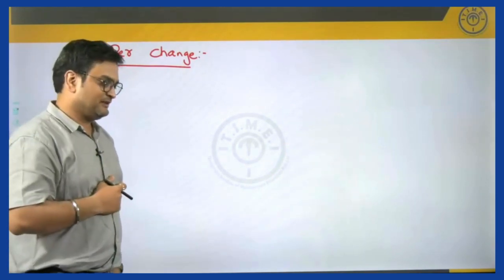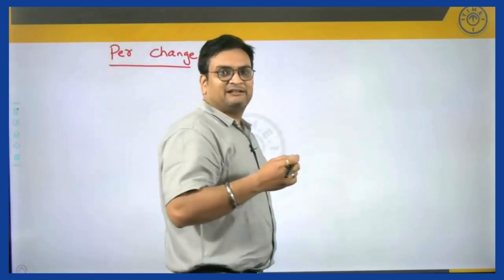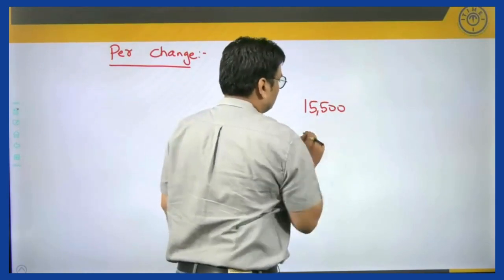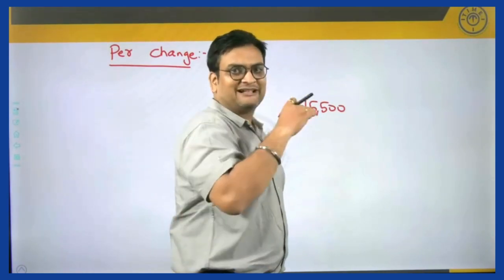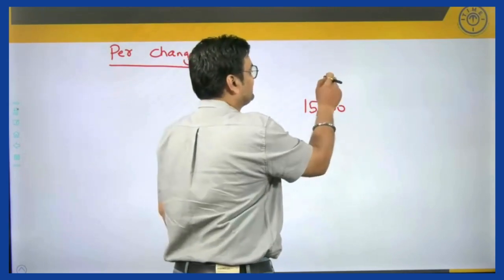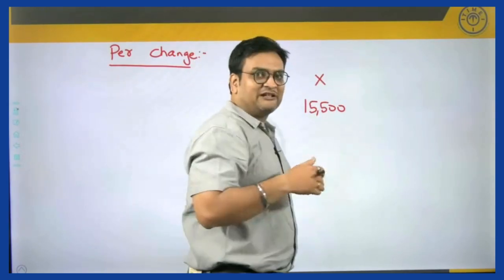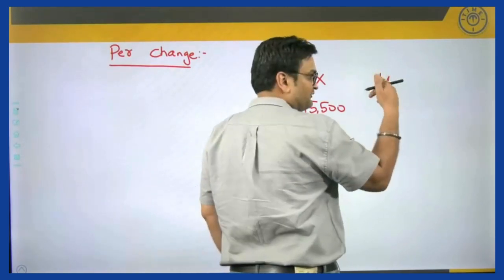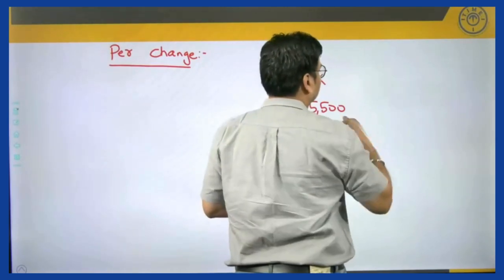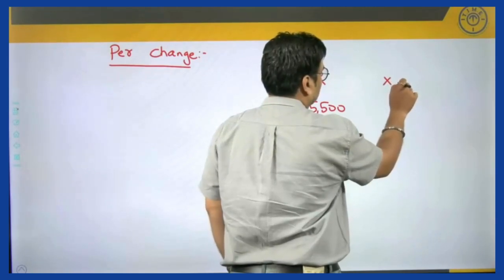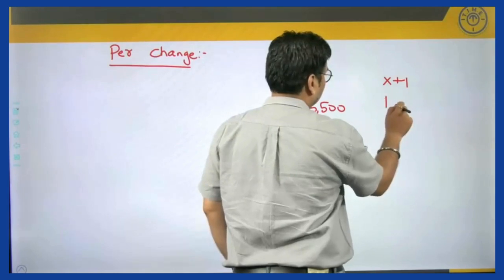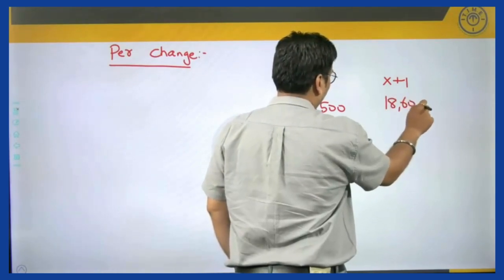For example, if I say the profit of a certain company in some year X was 15,500 crores. Next year, in the year X plus 1 rather, it became, let's say, 18,600 crores.